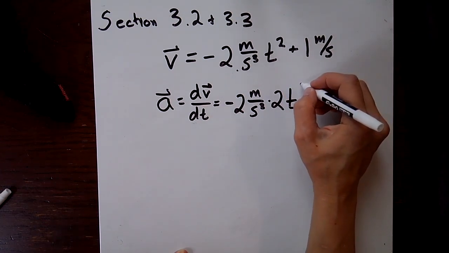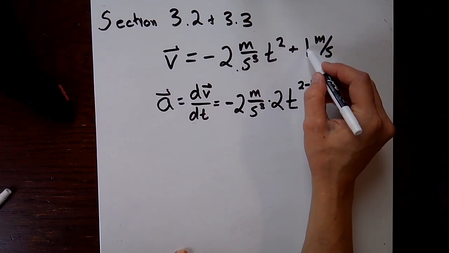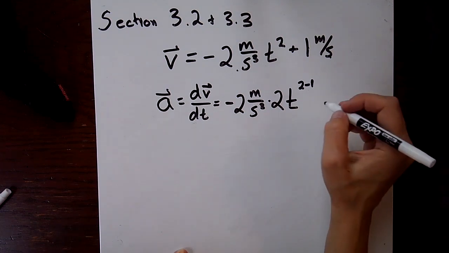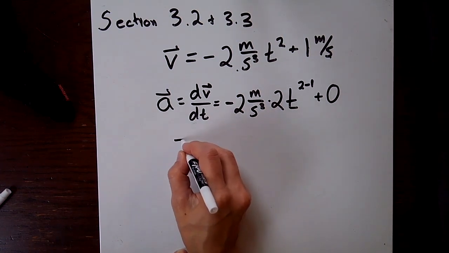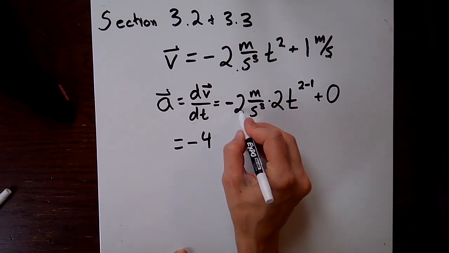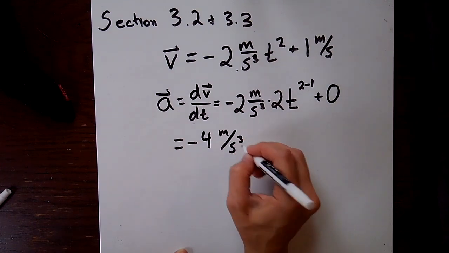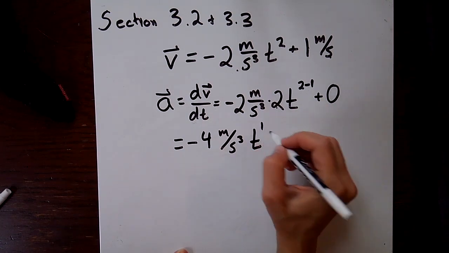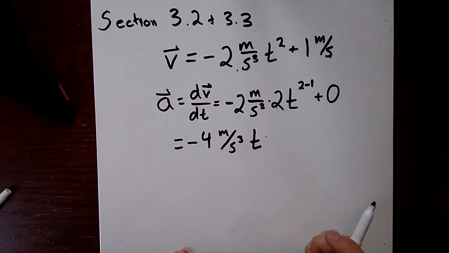And then we have t, and we take 1 power away here. And then this guy's a constant. 1 is a constant. The units are acting like a constant in this situation. So that becomes 0. So the acceleration is -4, 2 times 2, meters over seconds to the third, and then t is to the first power, 2 minus 1, and by convention we don't write that 1 in.